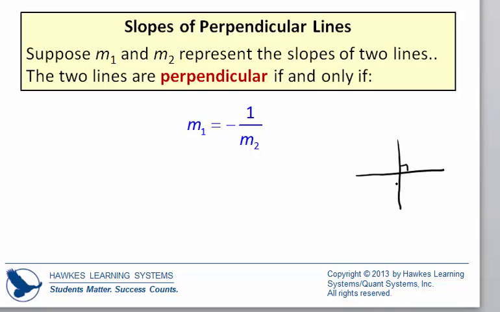The slopes of perpendicular lines. Suppose M1 and M2 represent the slopes of two lines. The two lines are perpendicular if and only if M1 is equal to negative 1 over M2. What this means is that if you have your lines, the slopes need to meet two criteria.